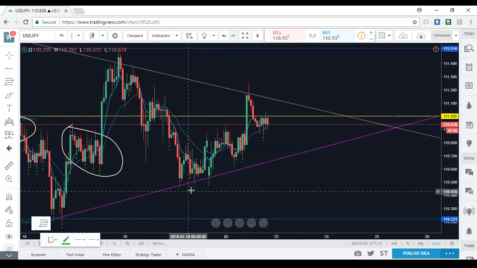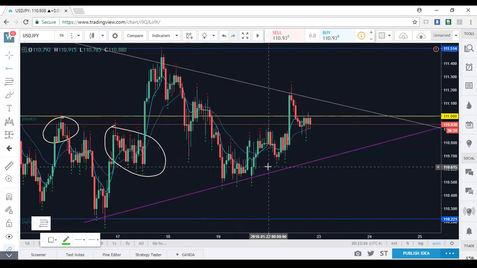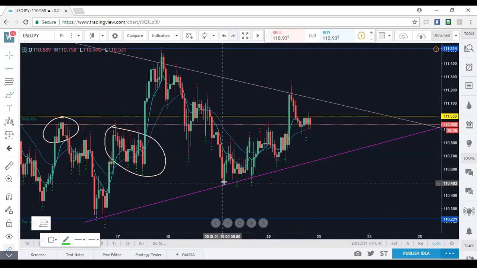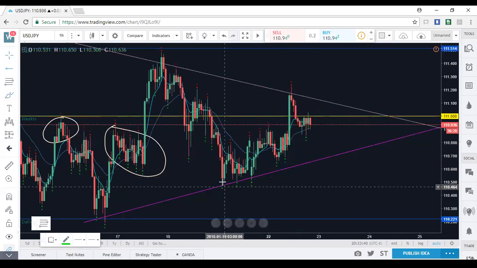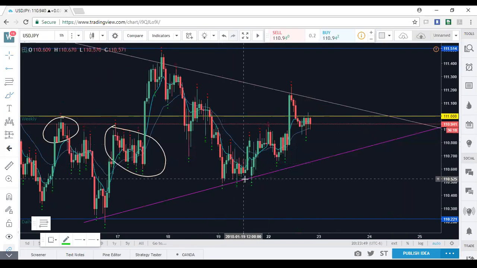So if we know that this is a low point, and then we see the rejection come down, these next bearish moves, if they don't cross this low point, you're in a buy situation. And before we ever enter a buy situation on something like this, we want to see strong bearish movements towards this low that don't break.